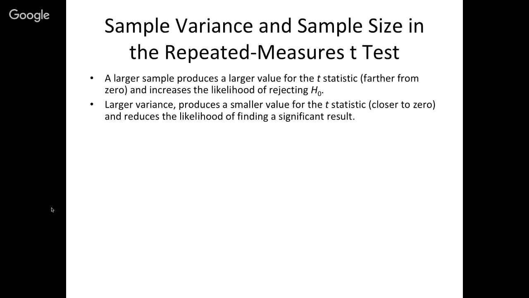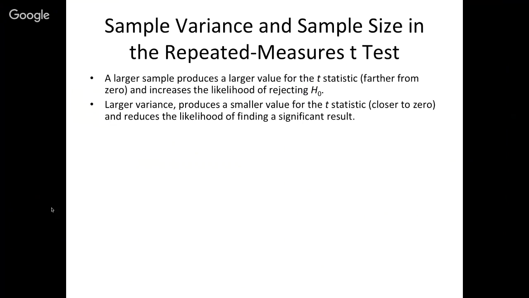So then we are going to introduce the influence of the variance and the sample size in the repeated measures t-test, right? So we know a larger sample size produces a greater value of t, meaning further from zero, and an increased likelihood of rejecting H0.